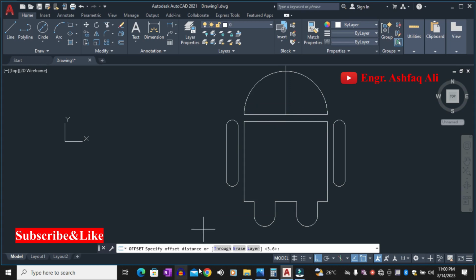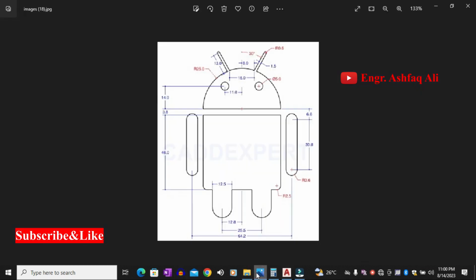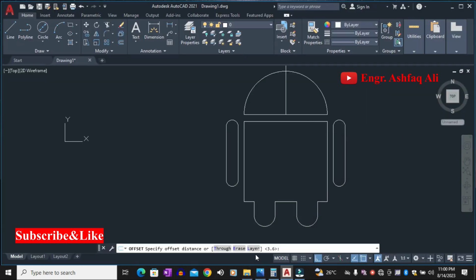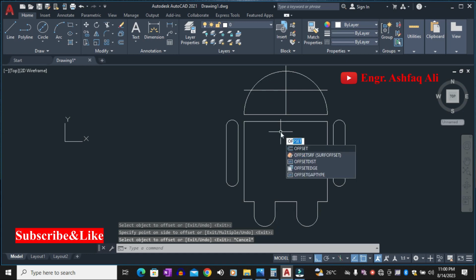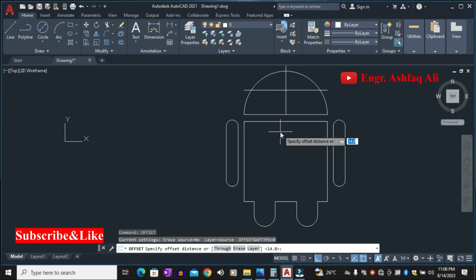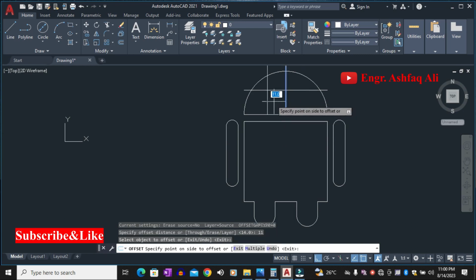So now I am going to offset the below line at 14 for achieving references for my circles, and the center line I will offset on 11 points on both sides.